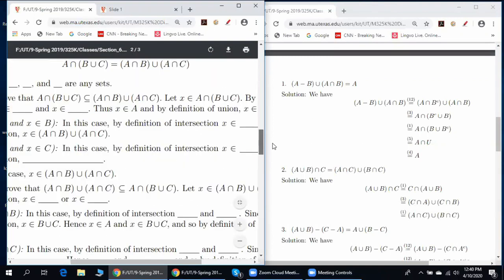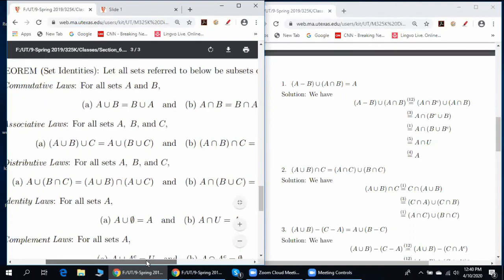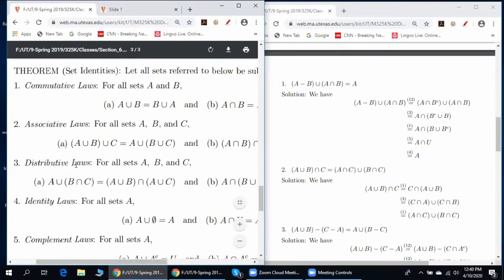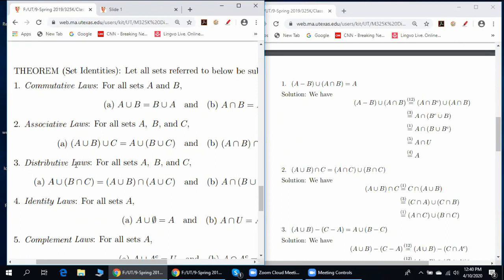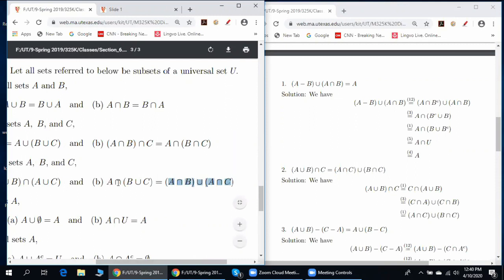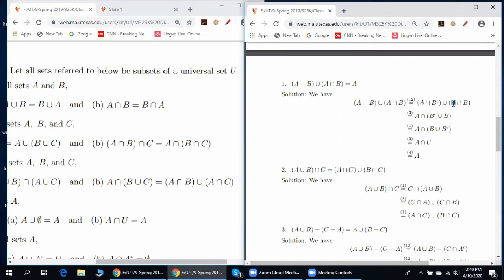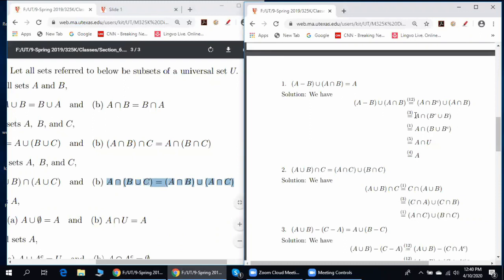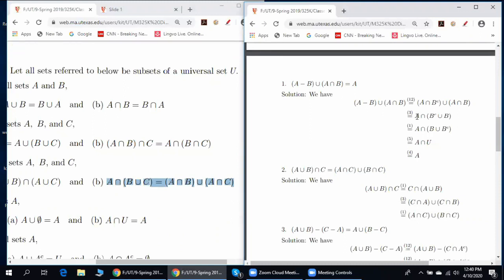Then we use law number 3, distributive law. But be careful, we use law number 3 reading from the right to the left. Observe that A is over here and A is over here. By 3B, we can factor it out. So we have A intersection B complement union B.